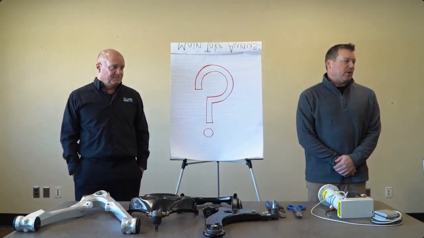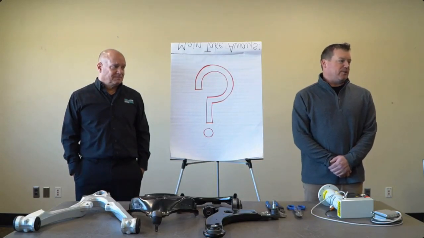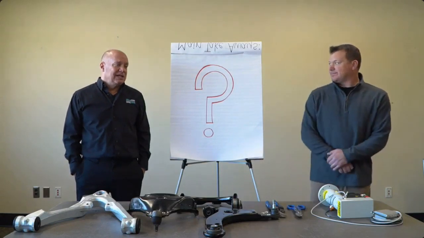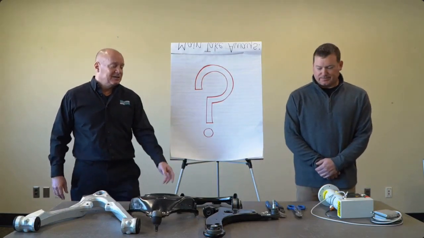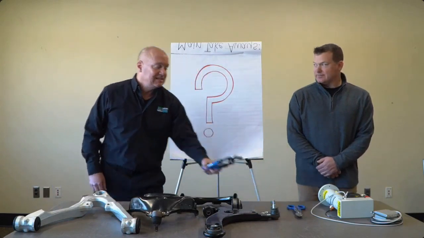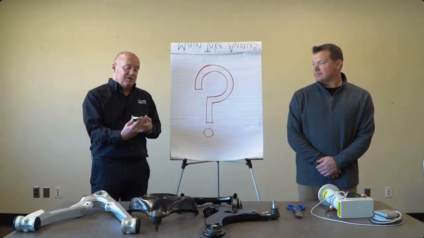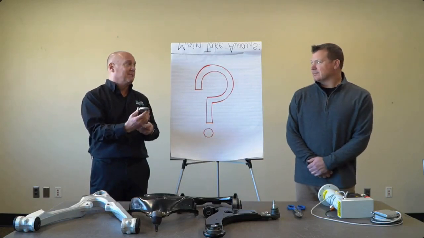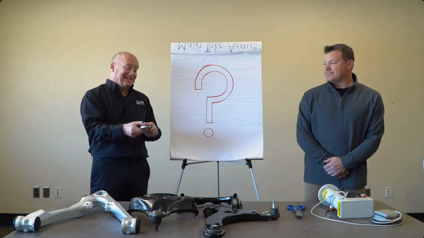For a function test, like the channel lock example, are you using several different fixtures or all in one? Usually, it depends, it really is part dependent. Normally it's one station, but you may have a series of different fixtures to hold the different geometries of the part. Because again, it is a gauge.